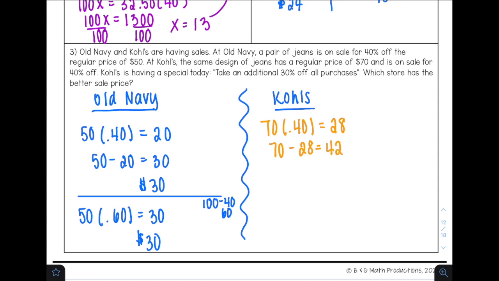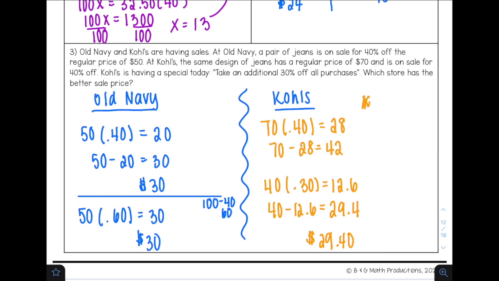Now, because there's an additional discount, I'm going to take my 42, and what I'm going to do with that is I'm going to apply that additional 30%. So if I apply my additional 30%, I'm going to get 12.6, and do 42 minus 12.6. I get 29.4, which is really $29.40.